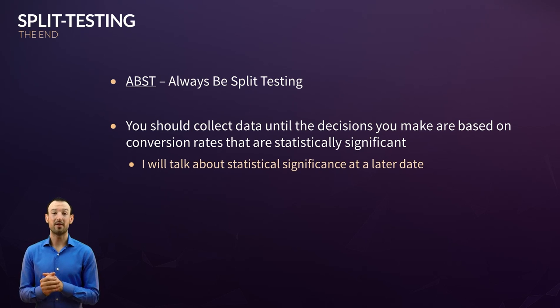Now, one thing I did want to mention to finish off is that when you are doing the split testing and you're gathering this data and you're making decisions on, say, A versus B versus C, which banner is better, you should make sure that the data you're using to make those comparisons gives you a decision, A is better than B, which is statistically significant and sound.